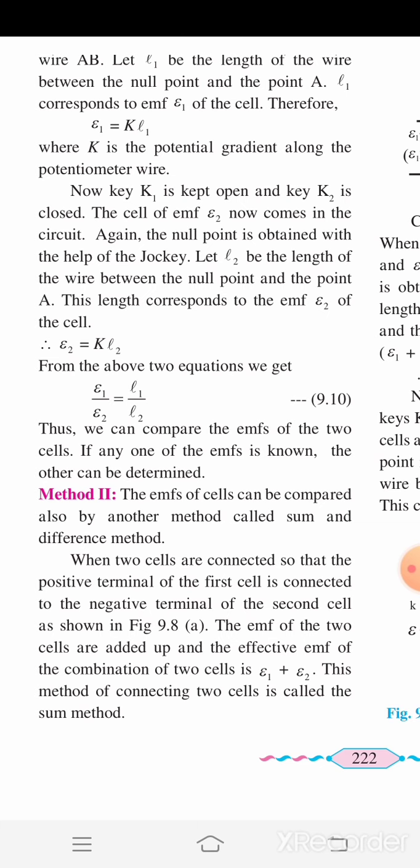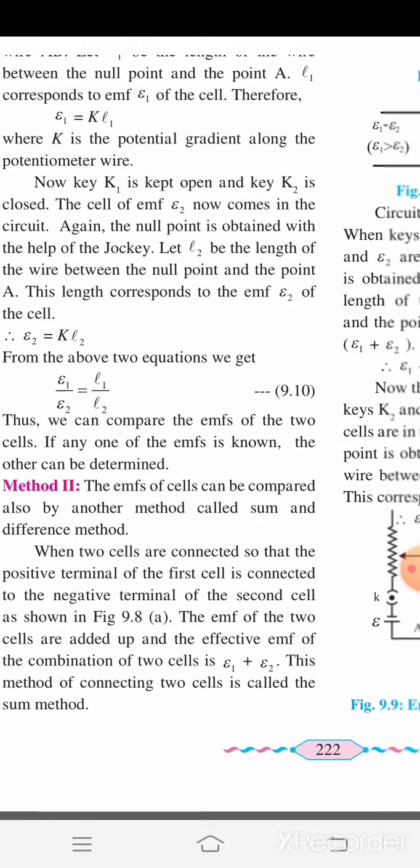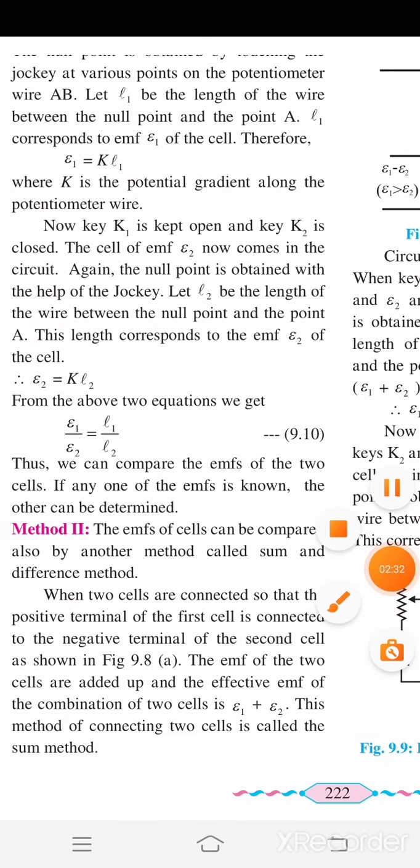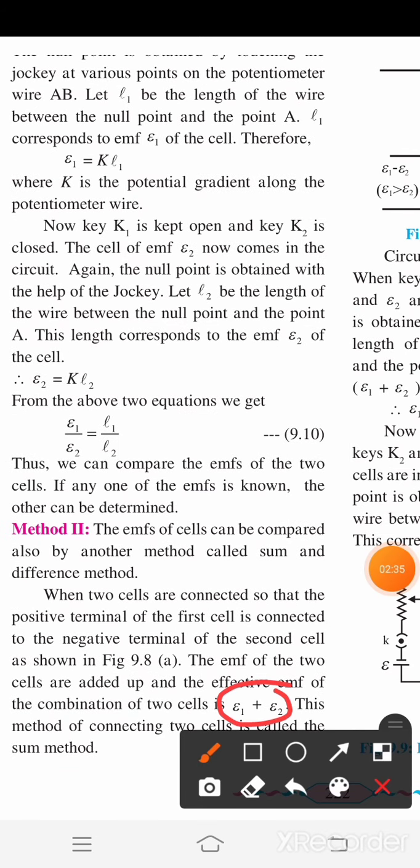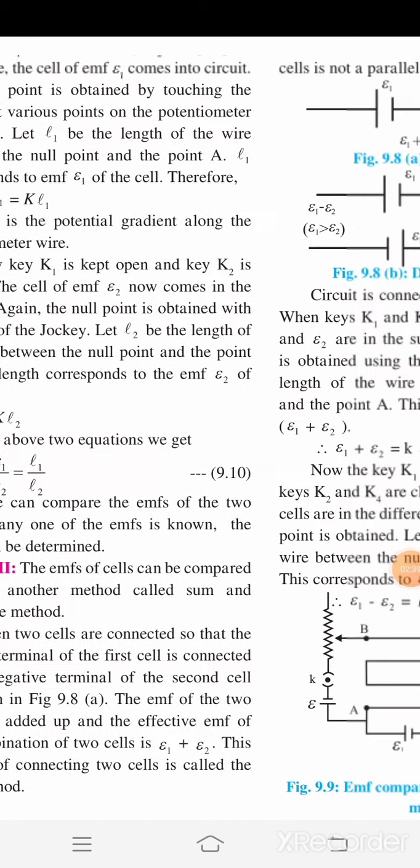When two cells are connected so that the positive terminal of the first cell is connected to the negative terminal of the second cell, as shown in figure 9.8a, the EMFs of the two cells are added up, and the effective EMF is E1 plus E2. This method of connecting two cells is called the sum method.